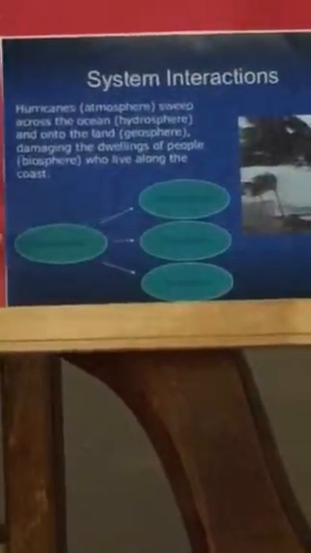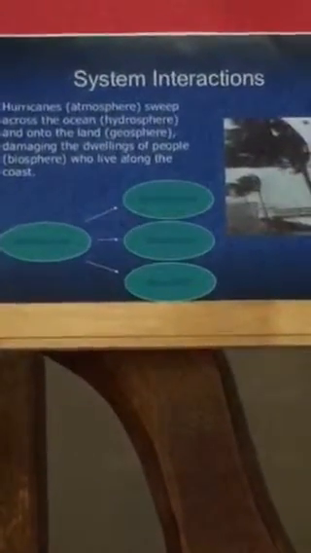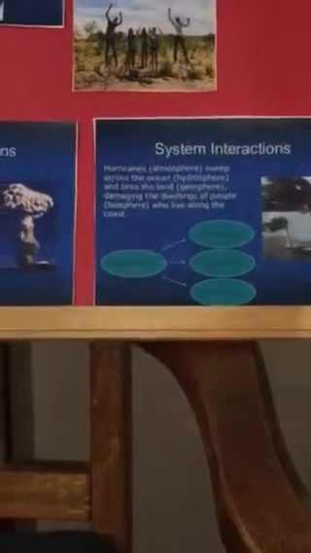Here, I have also shown another interaction about hurricanes, which take place in the atmosphere. They sweep across the ocean, which is the hydrosphere, and onto the land, which is the geosphere, and it affects human life in general, which is part of the biosphere.